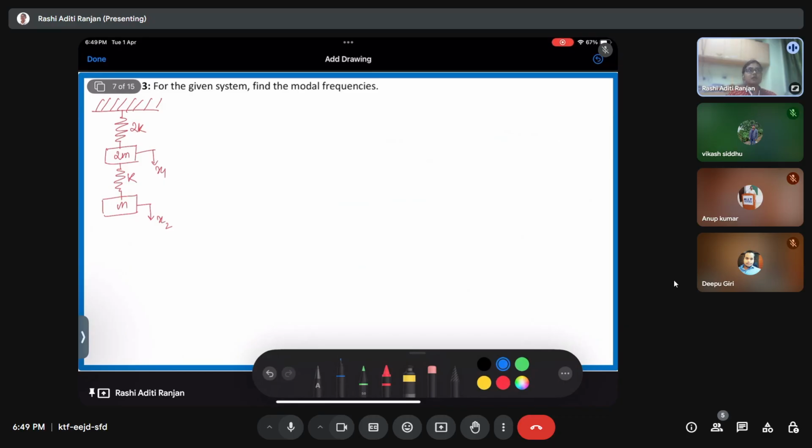Now, along those eigenvector directions, my system is decoupled. And if my system is decoupled, I can get two separate solutions. For a two degree of freedom system, any other solution could be written as a linear combination of those two solutions. That is the same concept we use for the modal analysis.